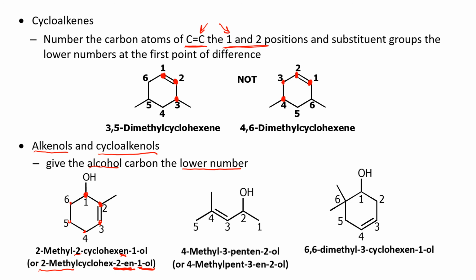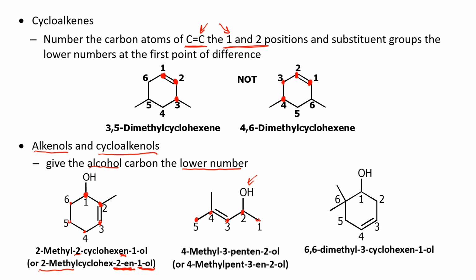For the next one, remember we want to give our hydroxyl group the lowest possible number. It does not have to be number 1 unless it's cyclic. So we give the lowest possible number, that's a 2. So we have 1, 2, 3, 4, 5 carbons.